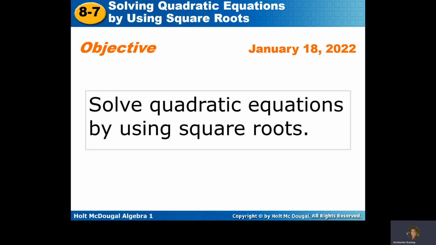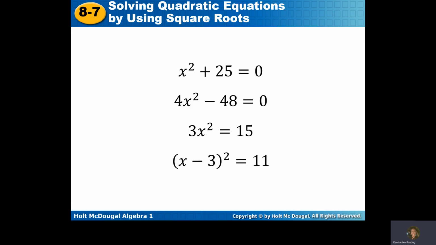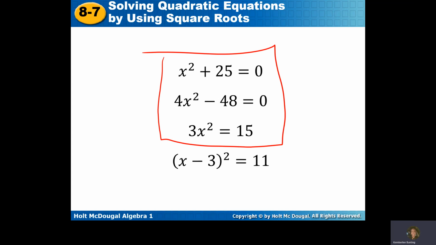All right, y'all, let's go. Young people, when a quadratic is in this form, x squared plus 25 equals 0, or x squared minus 25 equals 0, 4x squared minus 48, 3x squared equals 15, notice that each of these quadratics in this section are all missing the x term, with the exception of the last example.